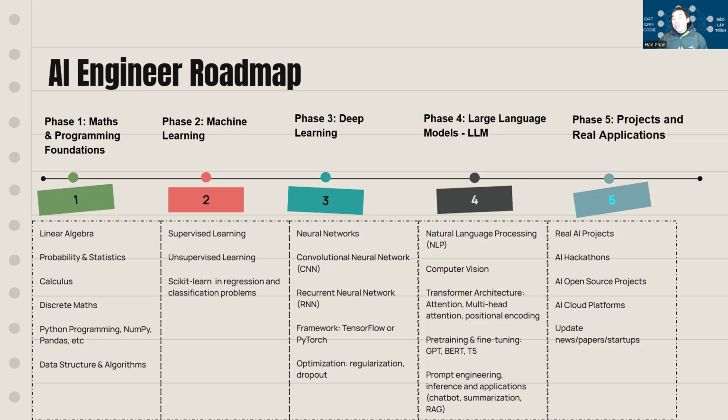You also can contribute to some AI open source projects. If you become more confident, it's really useful to boost your CV as well as your knowledge. And to get a job as an AI engineer, you also need to develop some understanding of the AI cloud platforms, because things like Amazon Bedrock, these AI cloud platforms make it easy for you to build AI applications on top of the LLM without you having to interact with the model directly.